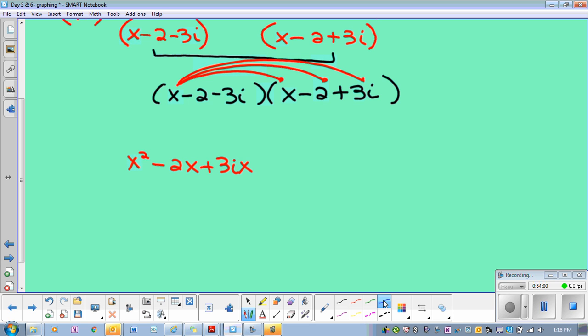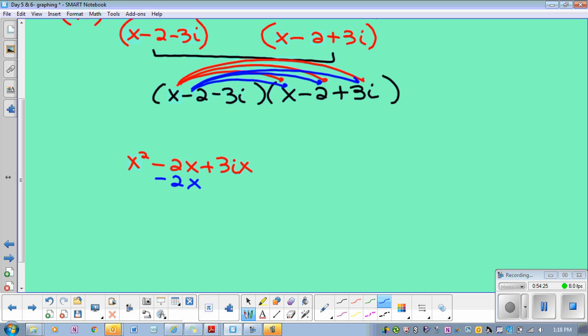The negative 2. Isn't that negative 3ix? No, it's x times positive 3. I'm doing it the other way around. Well, then let me finish it this way first, okay? So negative 2 times x is what? Negative 2x.